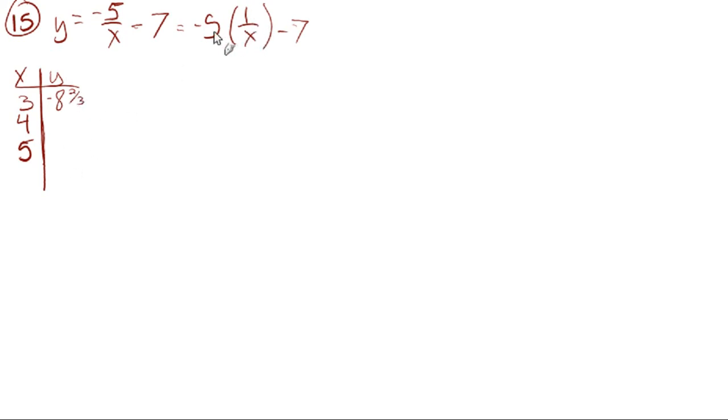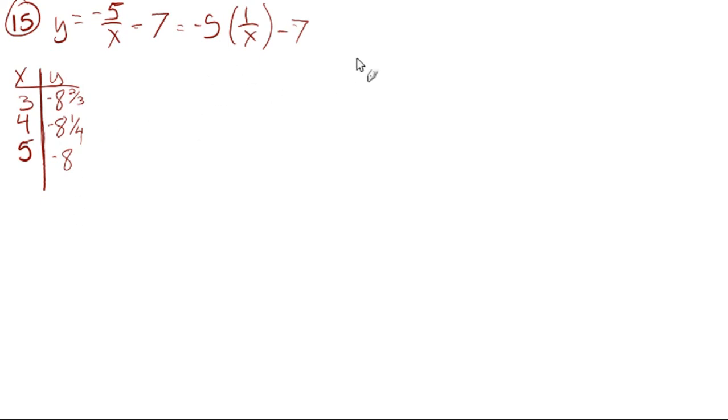Put in a 4, we have -5/4. -5/4 is -1 1/4. Minus 7 is -8 1/4. Put a 5 in there. 1 divided by 5 is 1/5. -5 times 1/5 is -1. Minus 7 is -8. Okay.